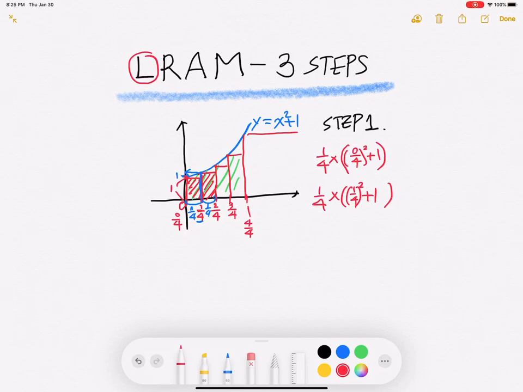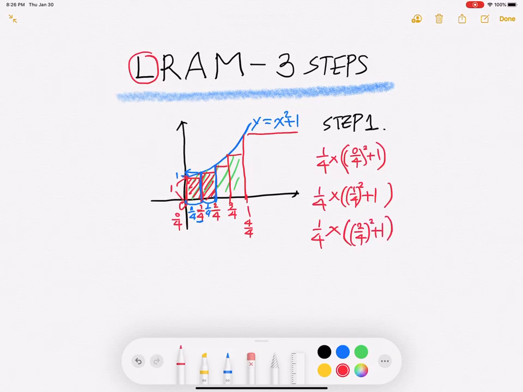Okay, let's go to the third rectangle's area now. The width is still 1 over 4. The height is the y value when x equals 2 over 4, because we're using the left endpoint of each subinterval. So plug in 2 over 4 for x and find the y value: 2 over 4 squared plus 1.